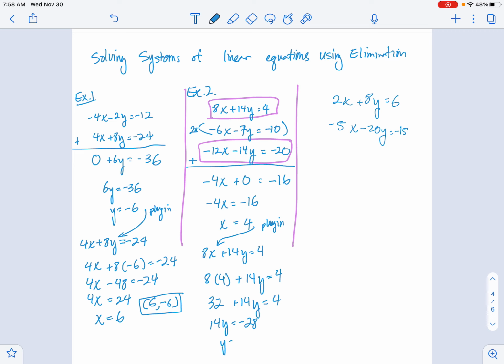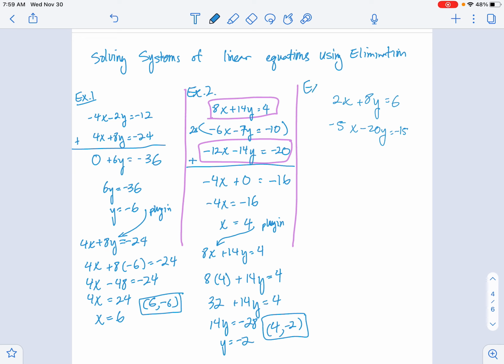And y equals a -2. So I have my x, I have my y value. I write as one answer, 4, -2. Perfect.